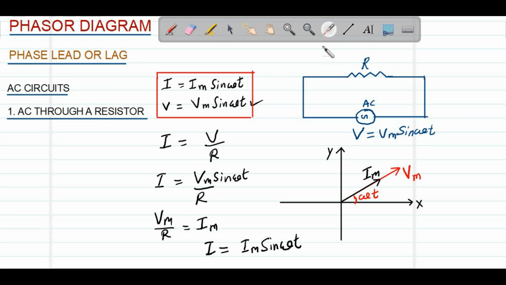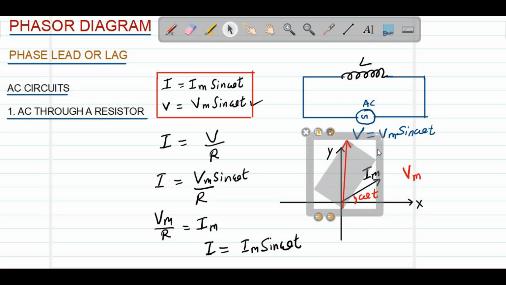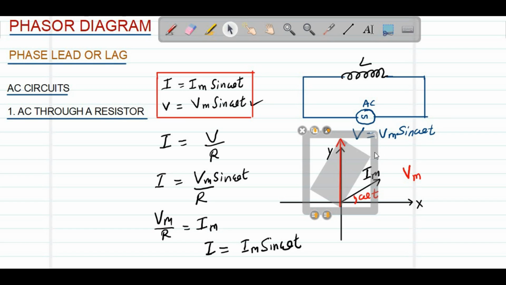In the coming discussion we will see, suppose an inductor is connected instead of this resistor in this circuit. If an inductor of self-inductance L is connected in this circuit, then we can see the voltage will be ahead of current by a phase of 90 degrees.